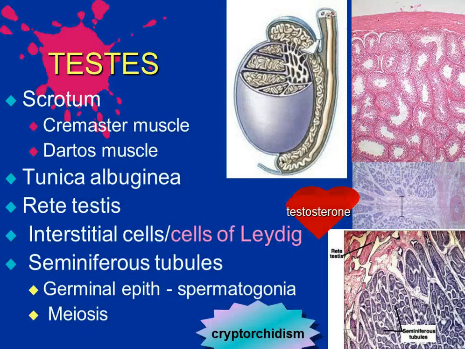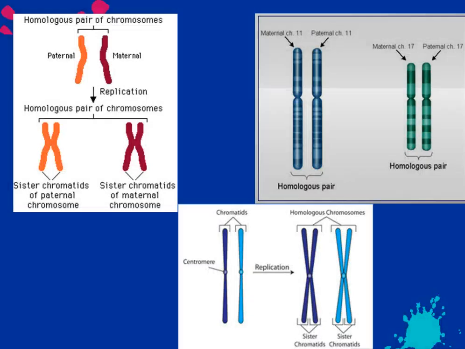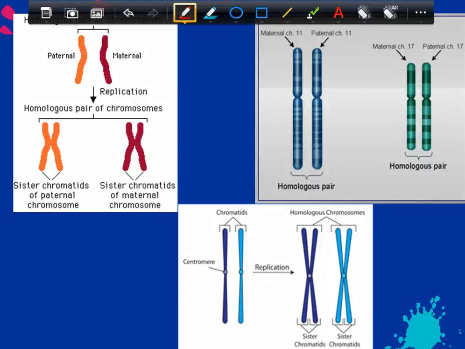Okay, so moving back. First, let me lay out chromosomes here. Now remember that you have 23 pair. They are in pairs. They are in homologous pairs. Here's a homologous pair. Here's a homologous pair. There's a homologous pair. Here's a homologous pair.